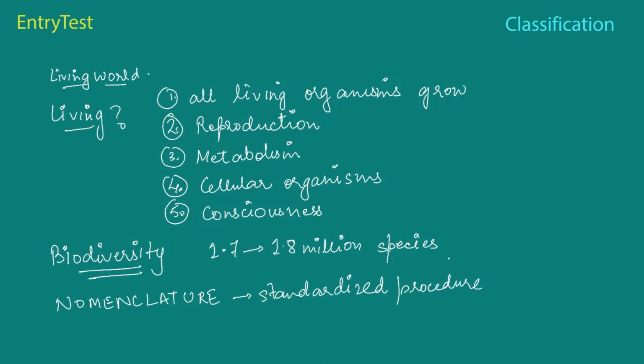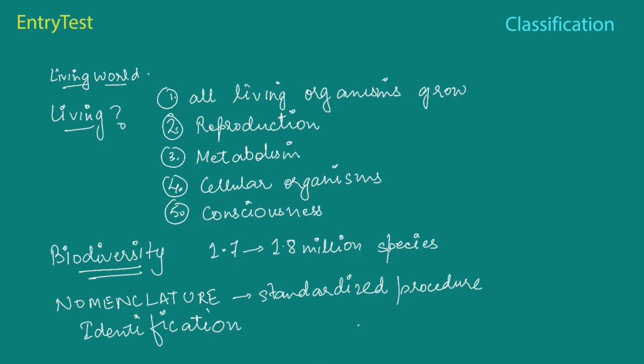All right, now nomenclature is possible only when we are able to identify an organism, and that process is simply called identification. So let's suppose you see a bird and you try to look up what is the nomenclature. That means, is that bird known or not? Let's suppose you find a bird that is already existing.